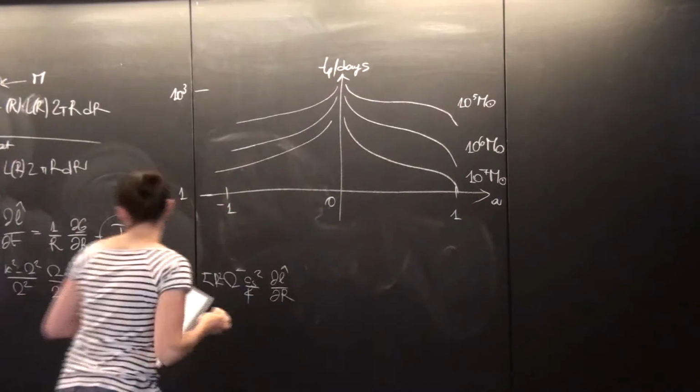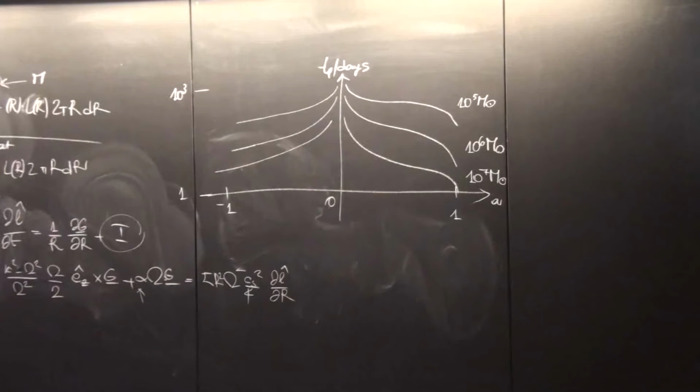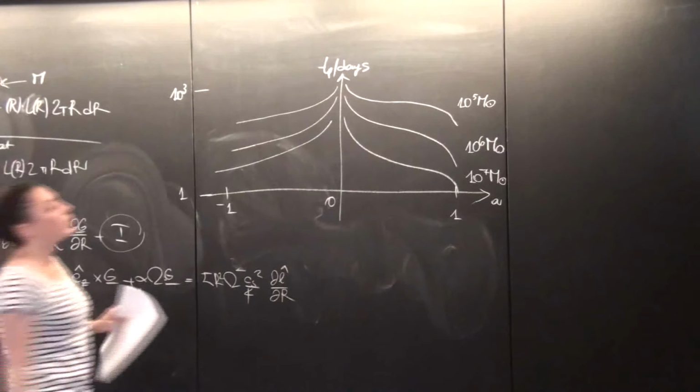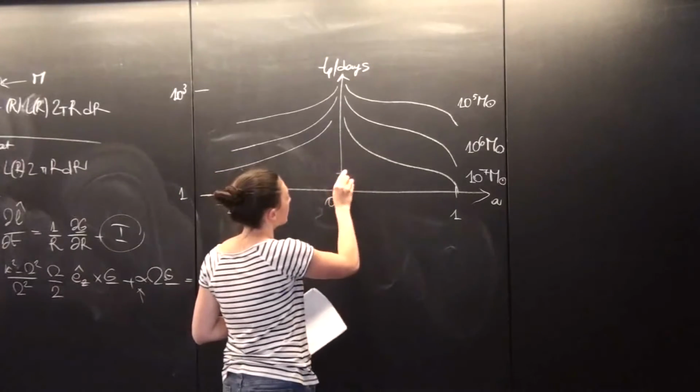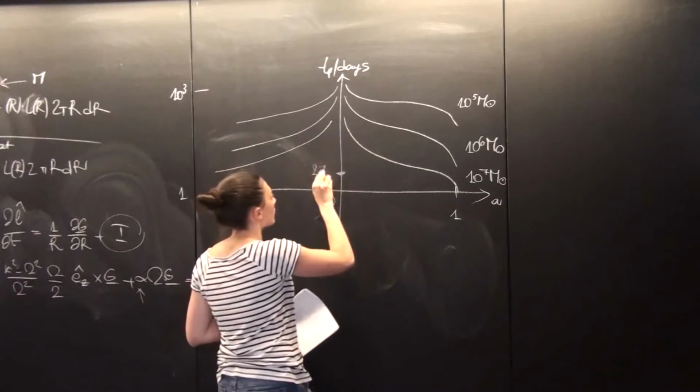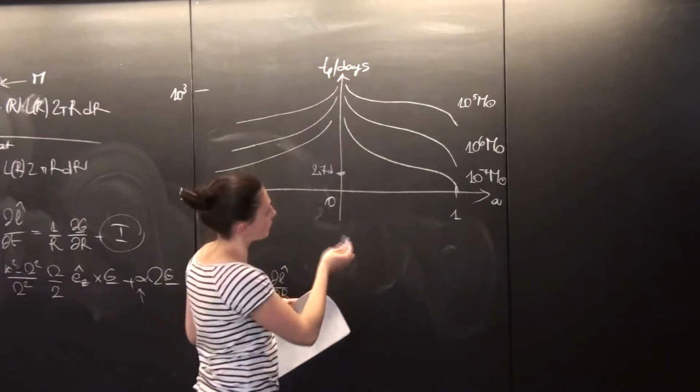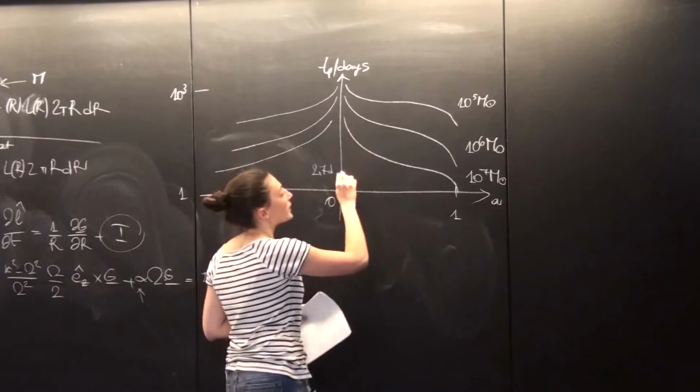So for example, for 1644, we measure a period of about 2.7 days, which is roughly here. Okay.